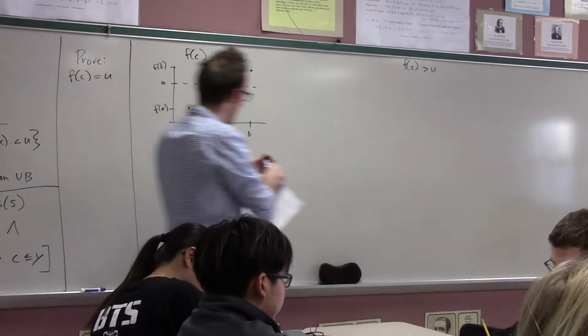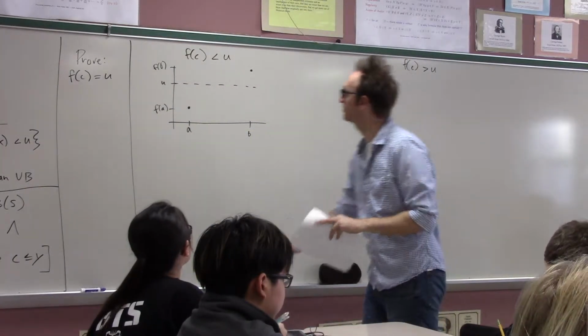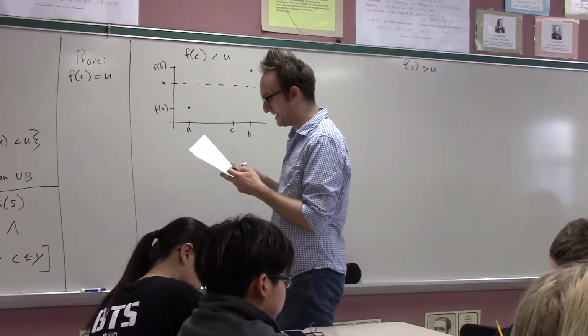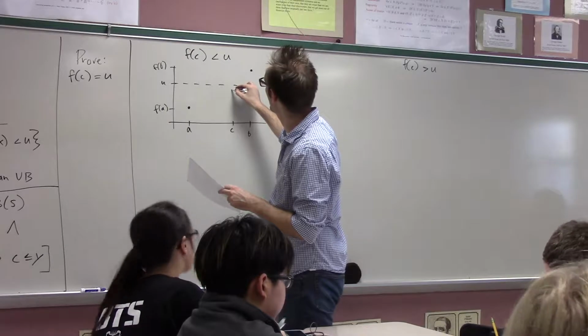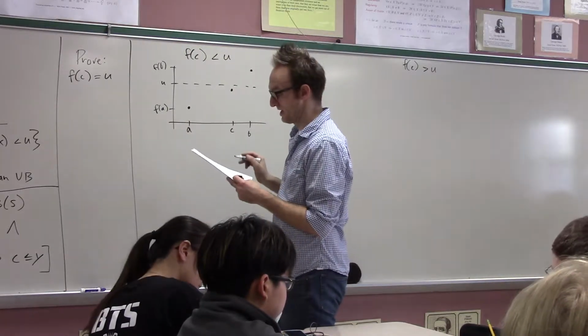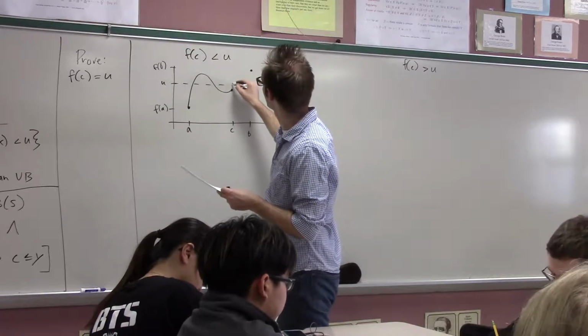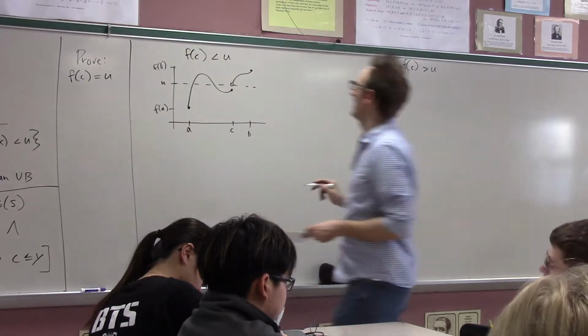So if f of C were somehow to be less than u, then it would look something like this, right? Where this is landing underneath.